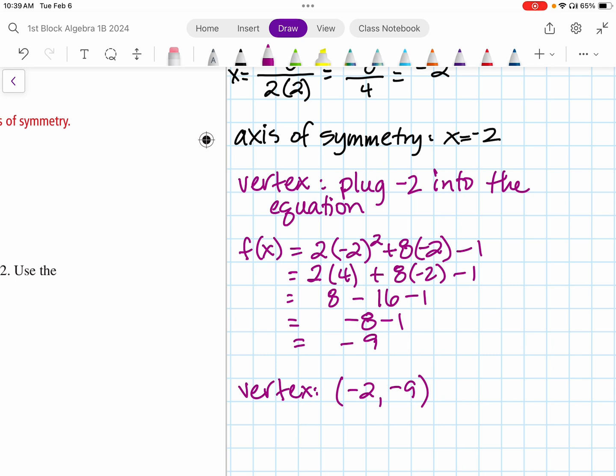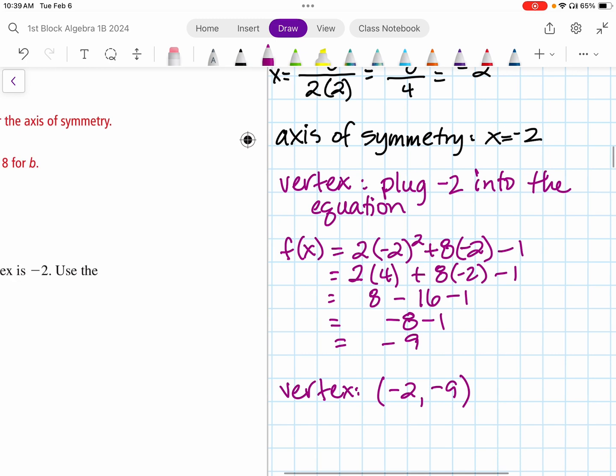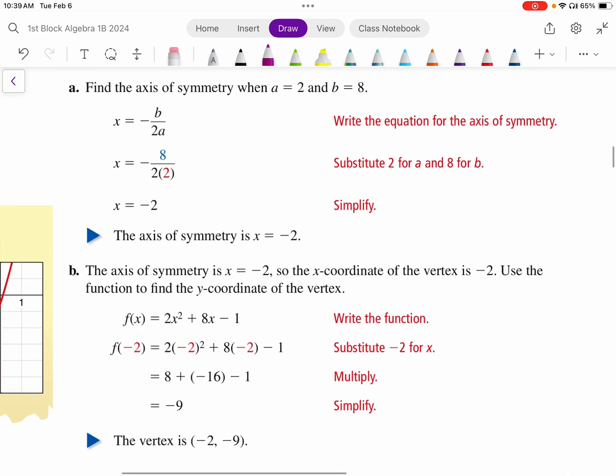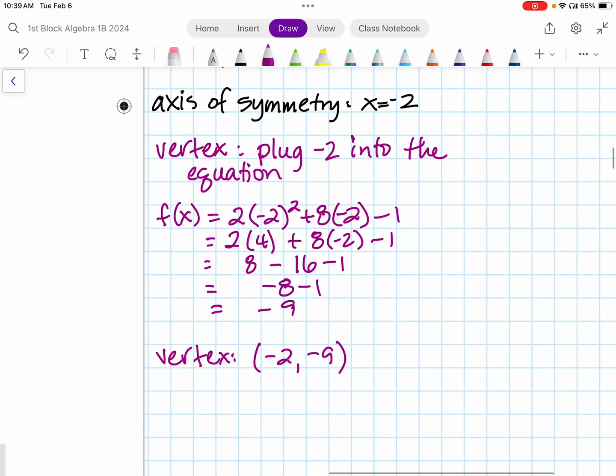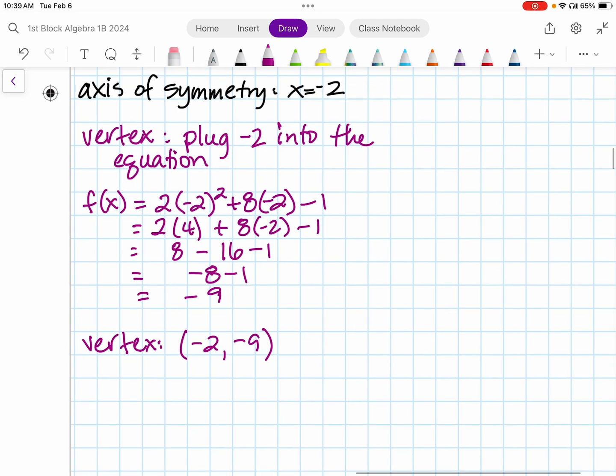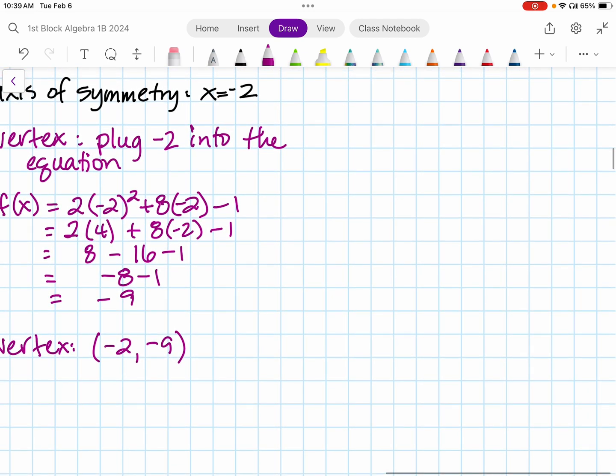Is that all it asked us for? Axis of symmetry and vertex. Now, if we were going to be graphing this, for our vertex to be at negative 2, negative 9, let's see, we're going to need some negative x and a lot of negative y.